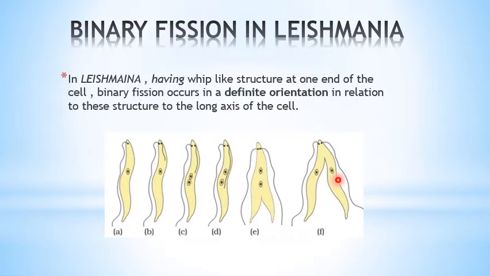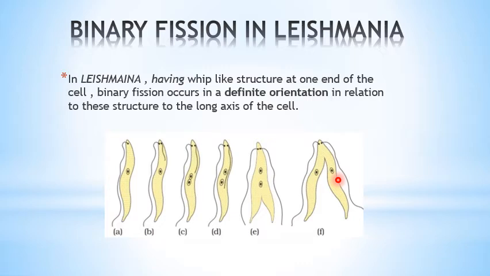What is the difference between binary fission in amoeba and leishmania? Amoeba divides into two identical daughter cells by any plane, whereas in leishmania it divides into two daughter cells by a definite plane or a definite orientation.